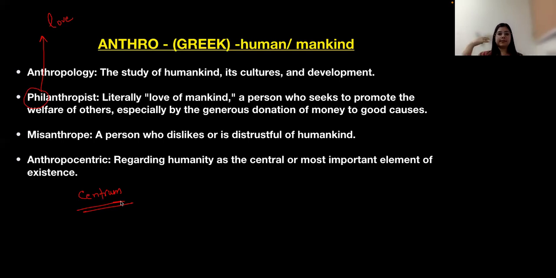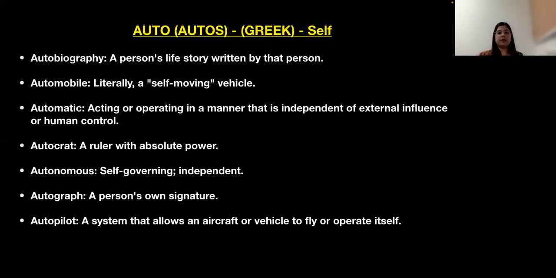So egocentric is someone who thinks that the entire world revolves around them. Not even center of attention, they have this belief that the entire world revolves around them. This obviously fake belief that the entire world runs around them. Centrum is another root word which obviously means center.